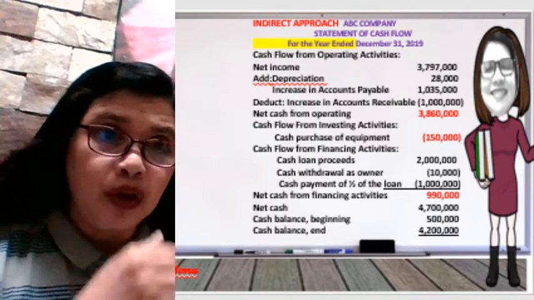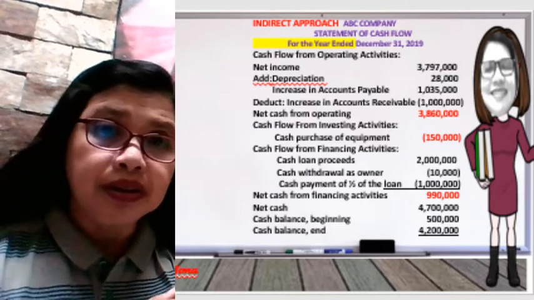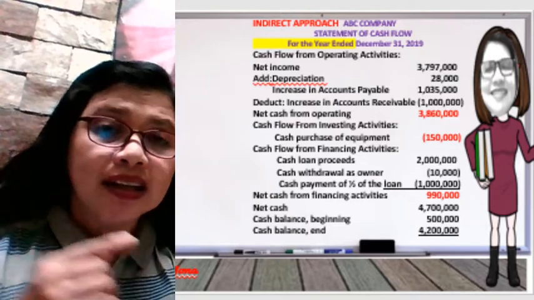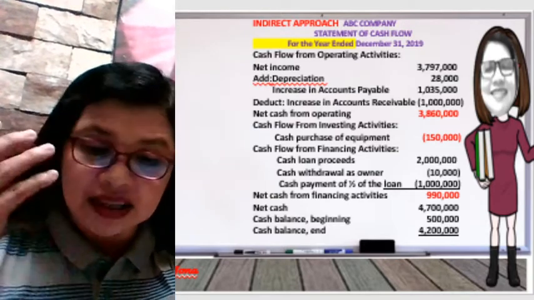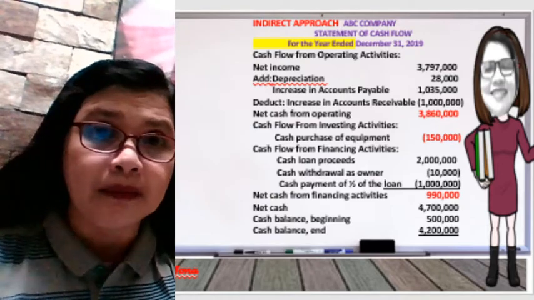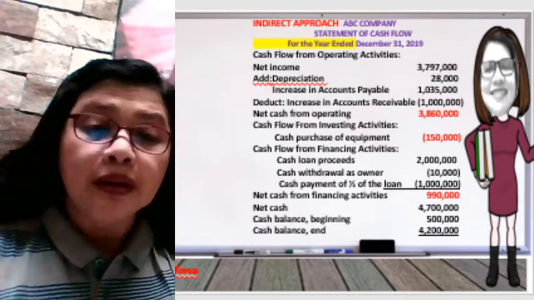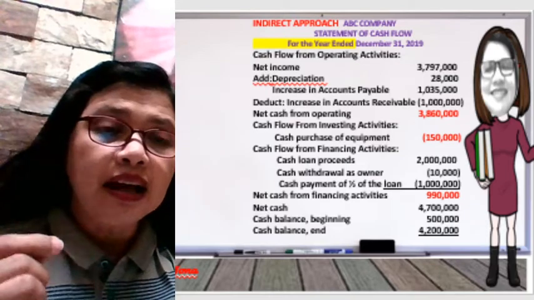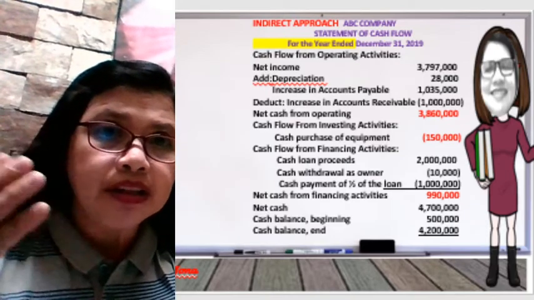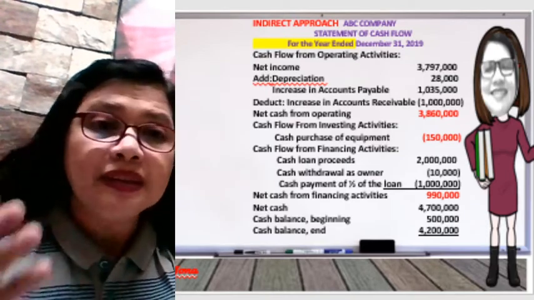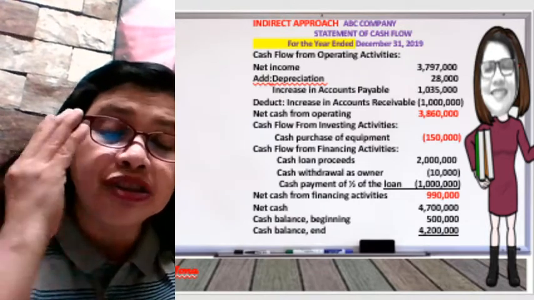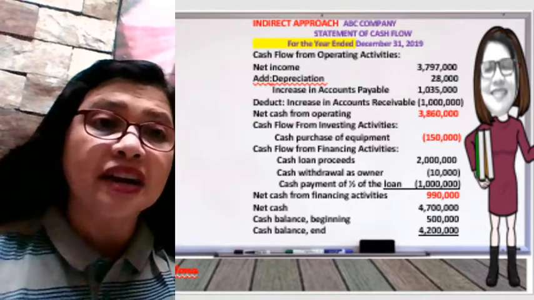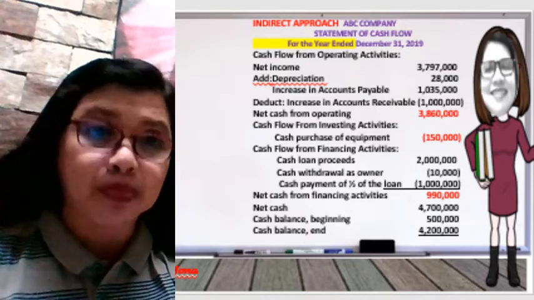Of course, if you go back to your transactions in the past, you may be able to analyze that there were purchases made in the amount of 1,035,000. And how was the transaction? First, you debit your purchases and you credit your accounts payable.